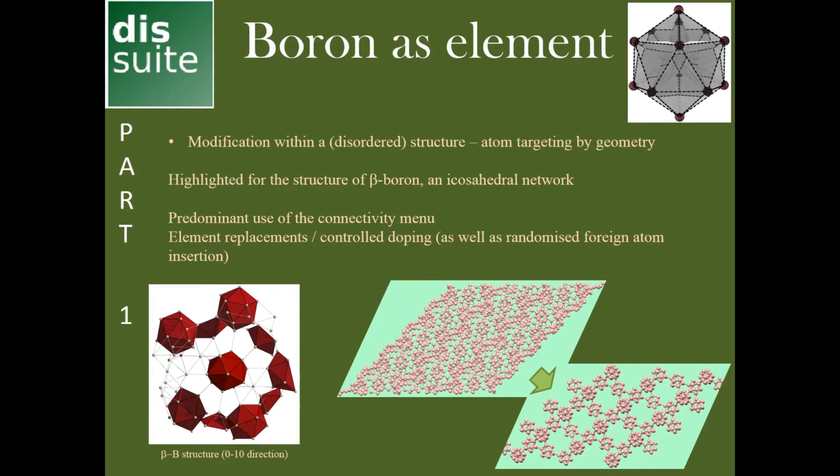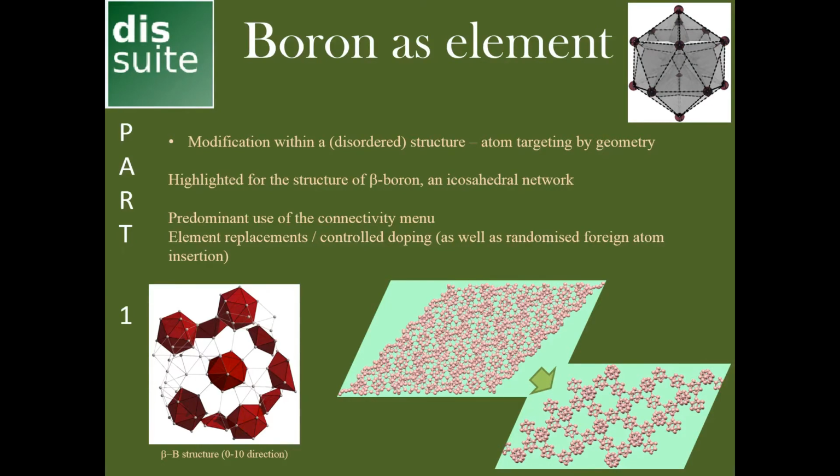But in the structure of, for example, one polymorph, the beta boron system, we also have boron atoms which are not connected to those icosahedra or are not part of them, and therefore it's quite difficult at first glance to locate the icosahedron and see what we may possibly do in terms of element replacement and controlled doping.